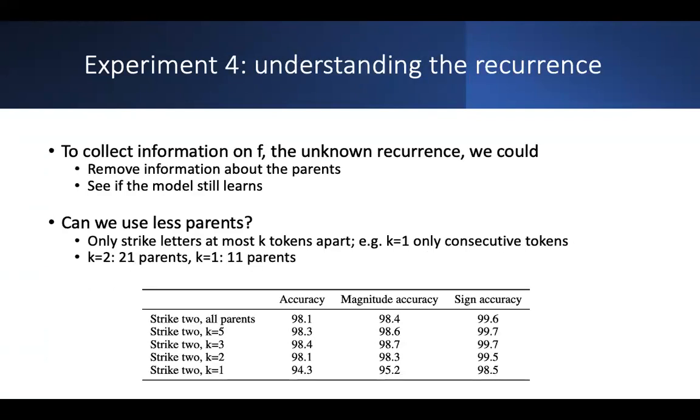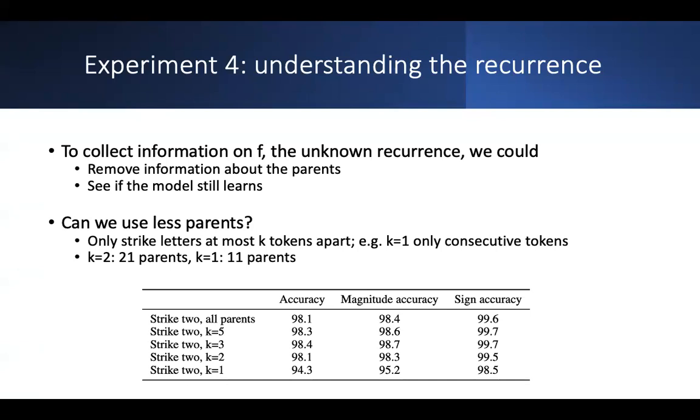Whereas we don't know the function, we can try to know some of its properties by going with the same kind of experiment. For instance, I'm using 66 parents because there are 66 ways to strike out 2 letters in my 12 letters. But I could use fewer parents by saying, okay, I only strike letters that are close by, 1 distant, 2 distant, 3 distant.